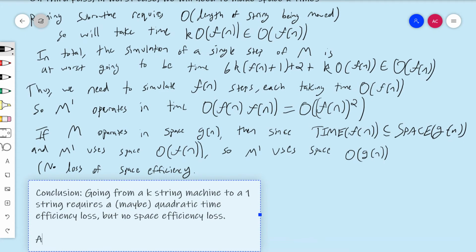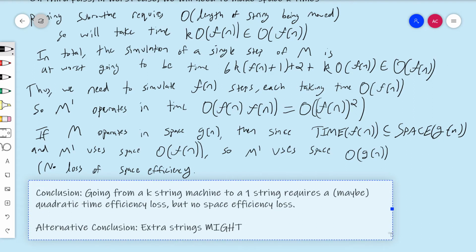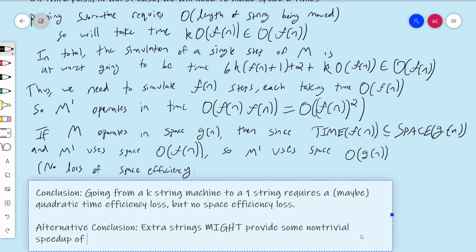Alternative conclusion, we can kind of say this in reverse, and that's when it gets interesting. An alternative conclusion we can make is that, it seems like extra strings might provide some non-trivial speedup of some problems.